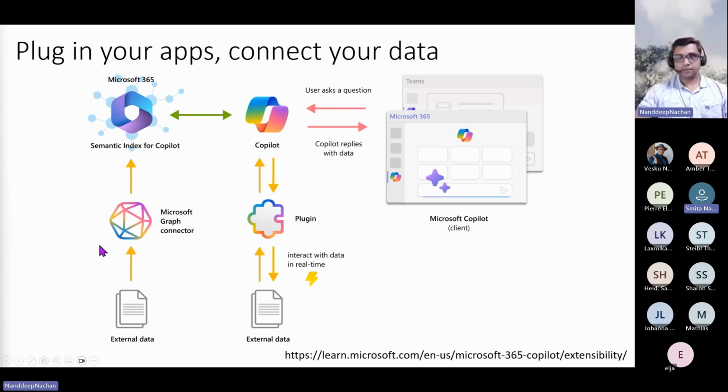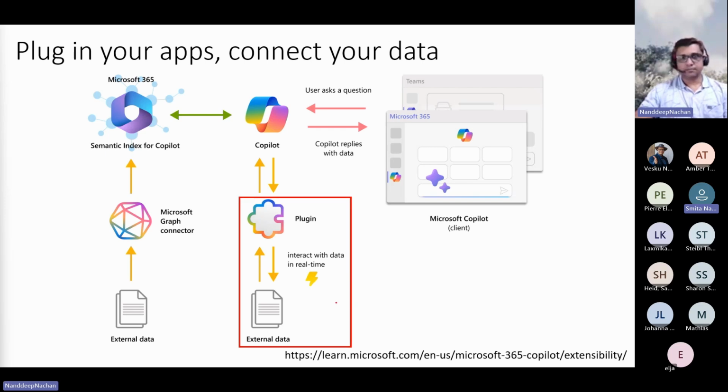There are two ways of extending Copilot for Microsoft 365: augmenting Copilot with skills through plugins, and grounding it with organizational data through Graph connectors. Plugins expand your user skills by interacting with your web service using natural language in Microsoft Copilot.